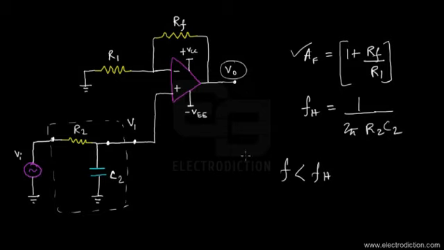But if input signals having frequencies greater than the upper cutoff frequency of this passive filter appear at the input, obviously they would be attenuated by the filter, and they would appear as very low magnitude output voltages at the output of the op-amp, or the non-inverting amplifier, as they would not get a gain of AF times.